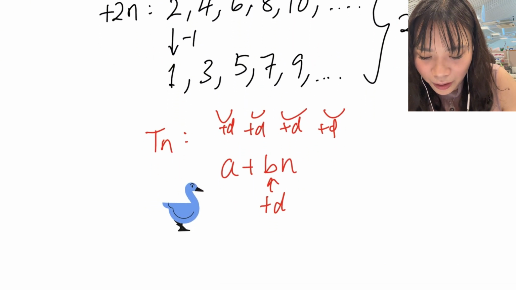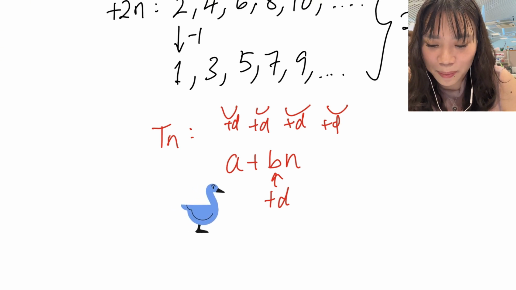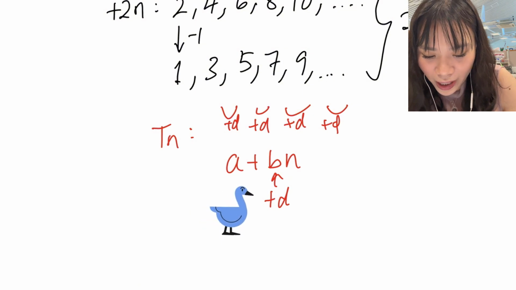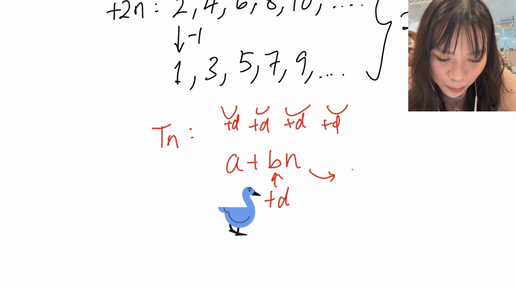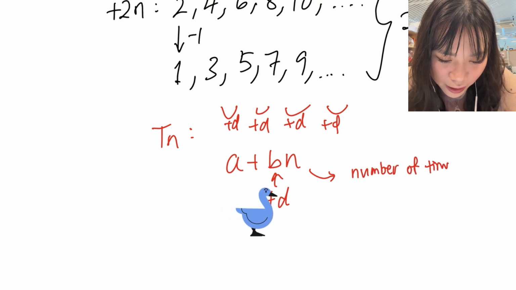A plus n sequence means that you are adding a common difference. So for n, what does n represent? n represents the number of times you add the common difference.